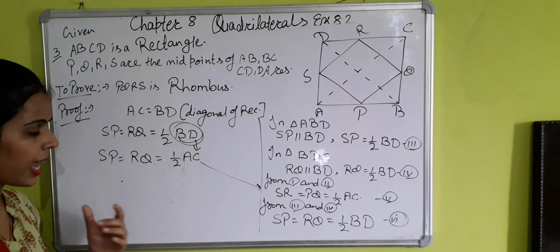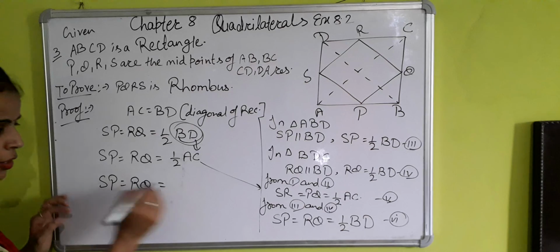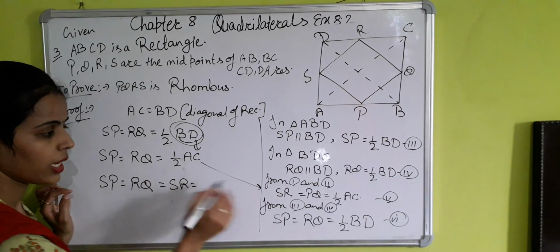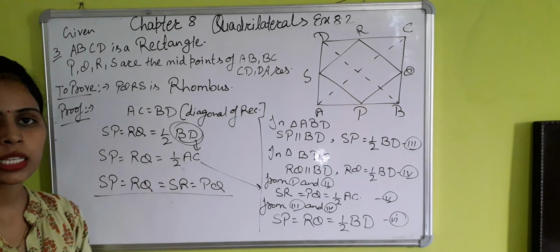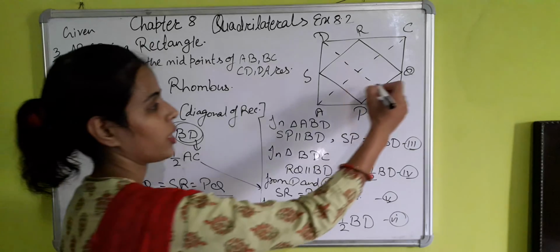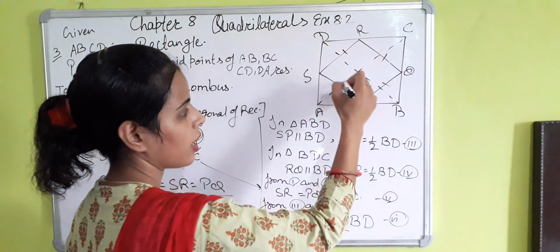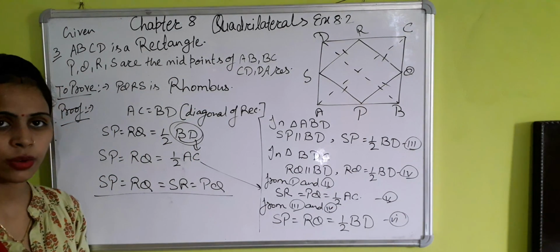Then we can say that SP is equal to RQ is equal to SR is equal to PQ. All these four sides, PQ, RQ, SR and SP, are equal.